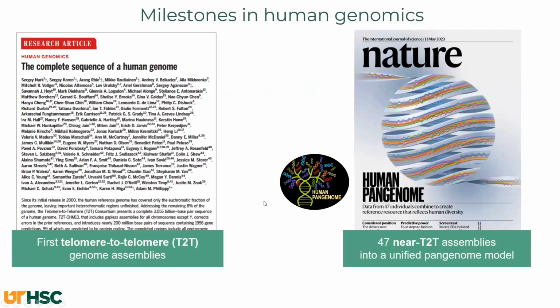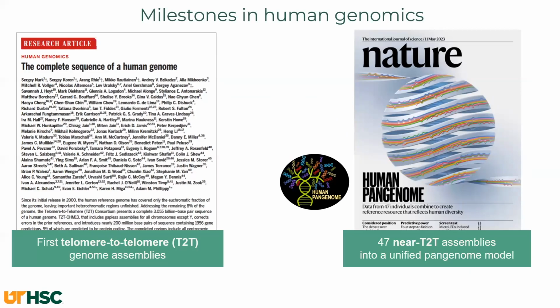So what we have done so far: you can see here the complete sequence of a human genome. Thanks to these scientists, we have the first telomere-to-telomere genome assembly. And we used in this work our tool PGGB to build a pangenome using the 47 T2T assemblies, and we are able to resolve a lot of complex regions that we had never seen before.